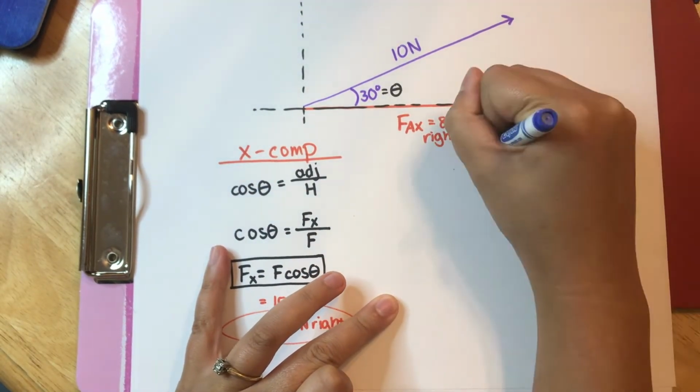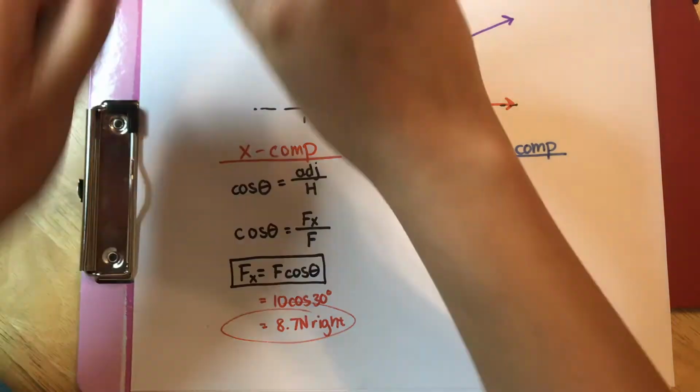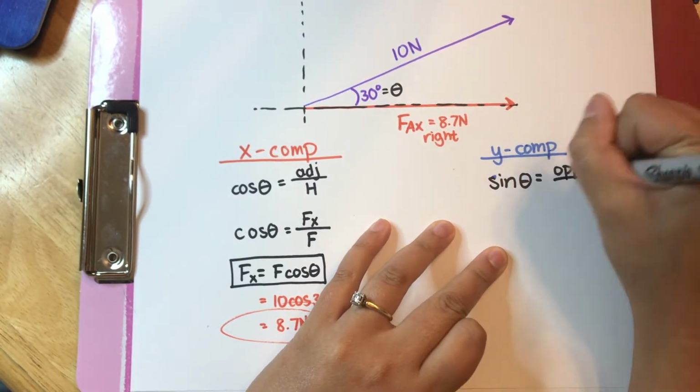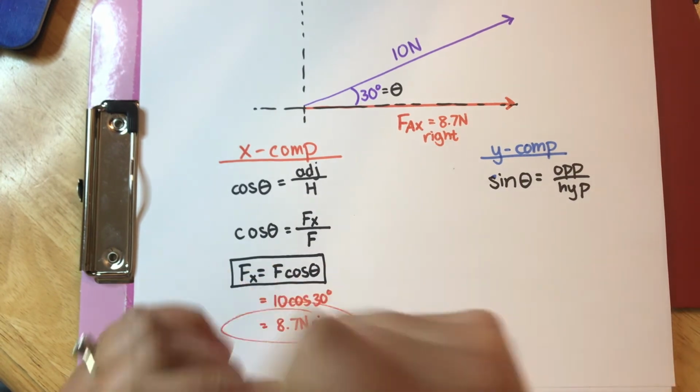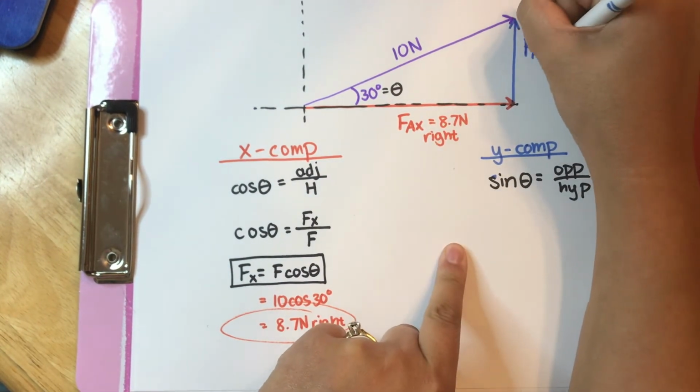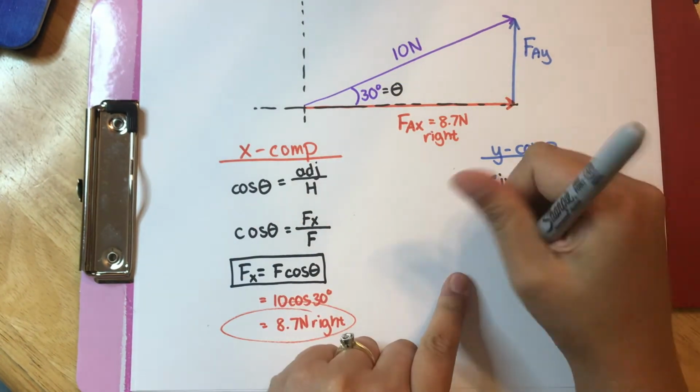In the y direction, the y component must go with sine then. If cosine went with x, then sine must go with y, because sine is opposite over hypotenuse, and the y component is the opposite side of this triangle.